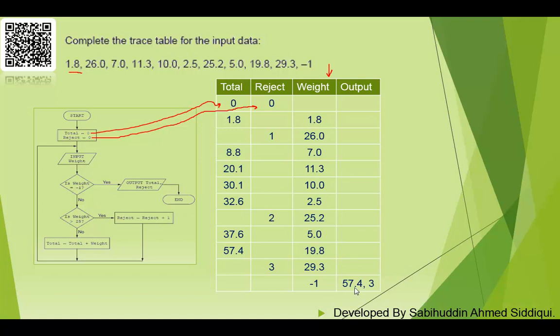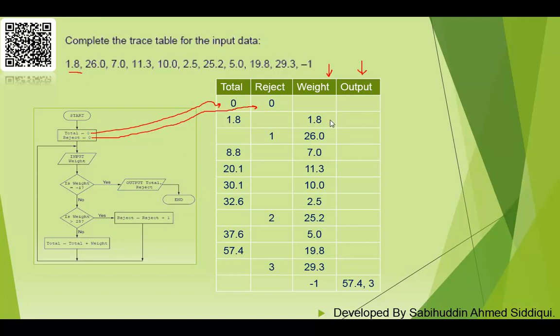In the -1 case, you will see that the program is terminated and the output is displayed here. This is the output column which you have to see in the last. Now, output total.